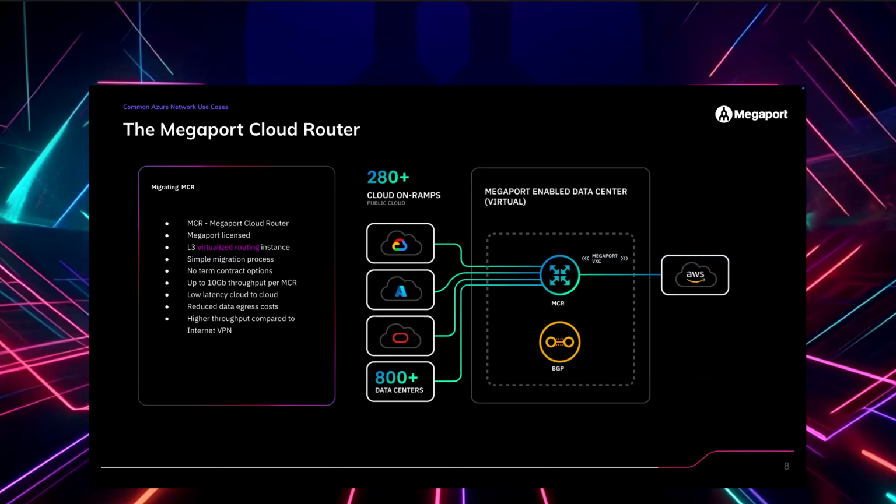So no wasted infrastructure. So a 10 gig MCR could have 25 10 gig VXCs built into it, potentially. You would obviously have to think about how you would deploy that and whether that would really be suitable. And the MCRs are deployable in about 5 to 6 minutes on a bad day.